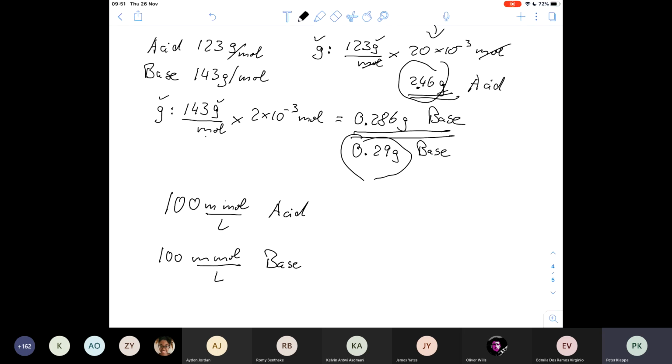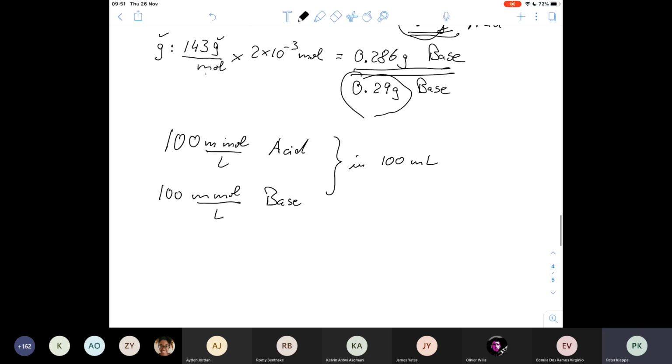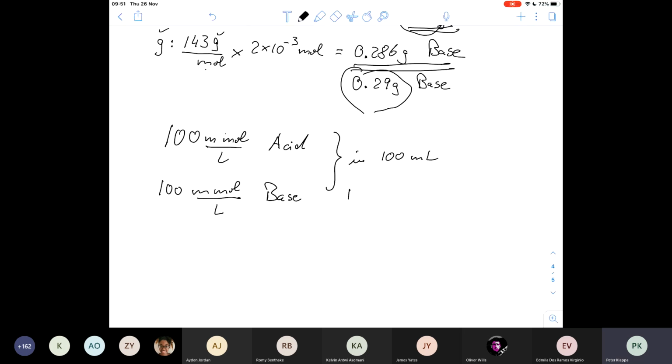And we have this together in 100 milliliter. We also have a pKa, let's say pKa is 7.0. Can you tell me what the pH of this solution is?